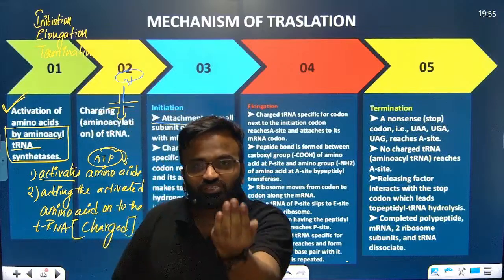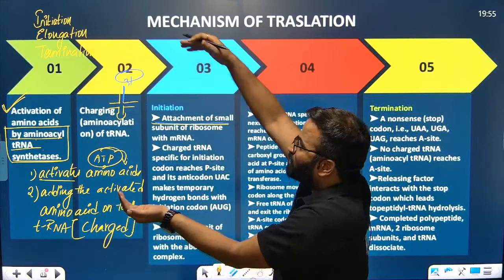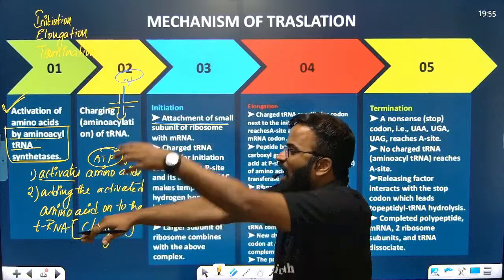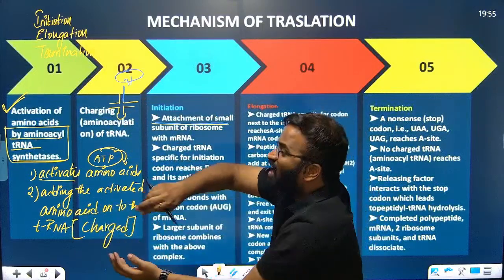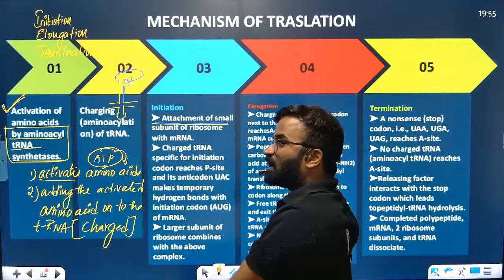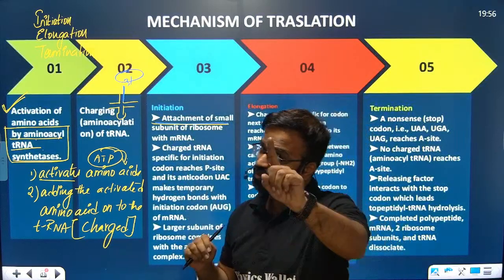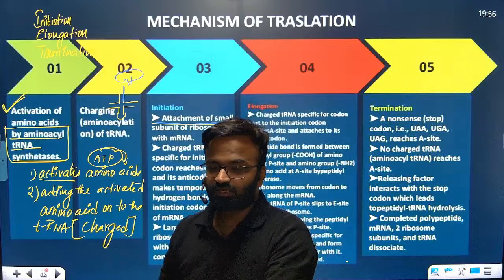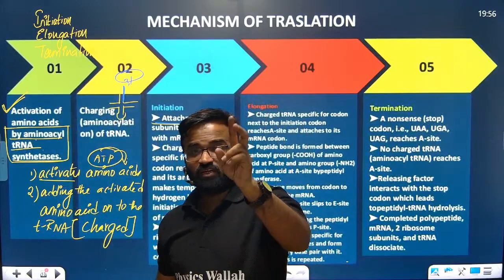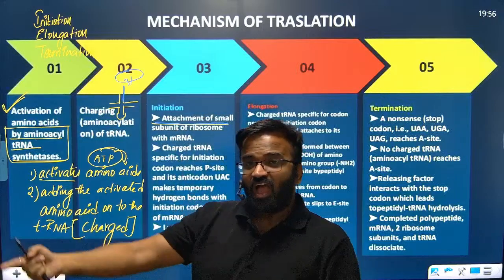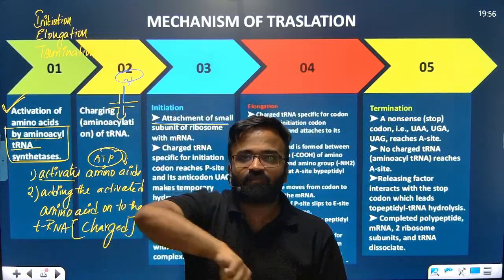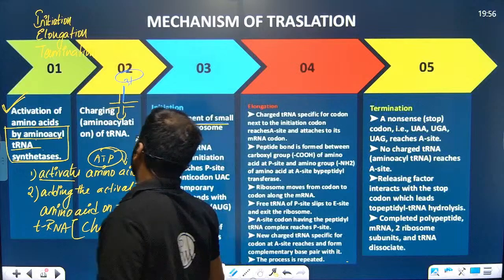It is the smaller subunit that comes first, and then comes your mRNA, and then comes your tRNAs, and then comes your larger subunit. So this is the order of participation: smaller subunit, mRNA, the initiator tRNA, and the incoming tRNA, and then your larger subunit.